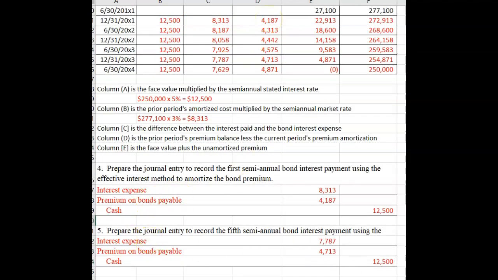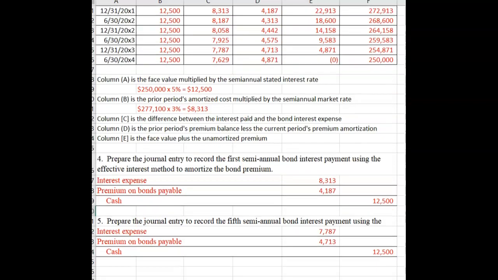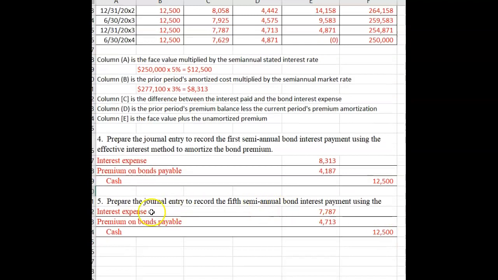The journal entry for the 5th semi-annual bond interest payment is debit interest expense $7,787, debit premium on bonds payable $4,713, and credit cash $12,500. Well, that's all for this video.